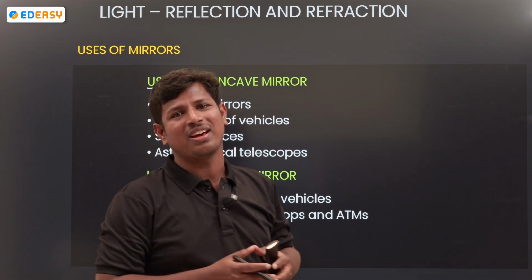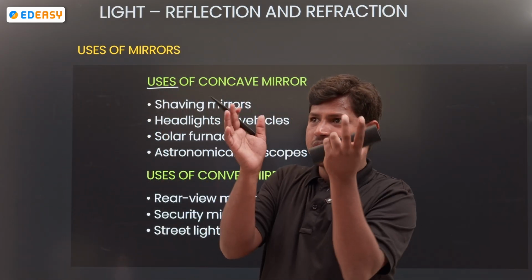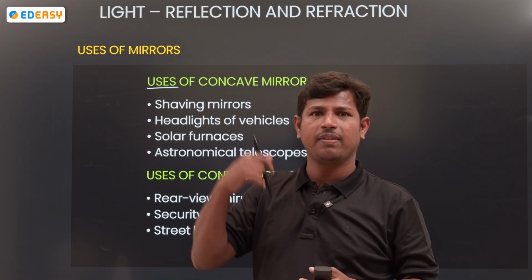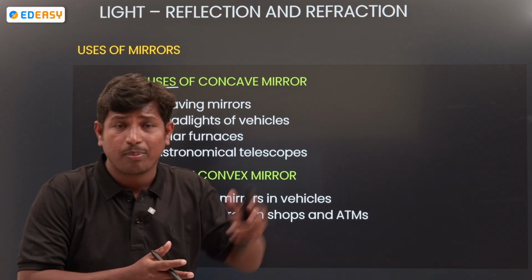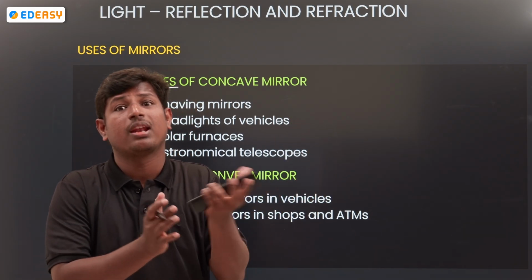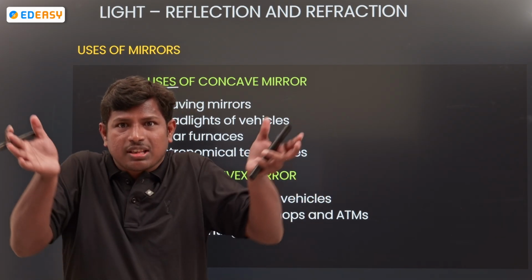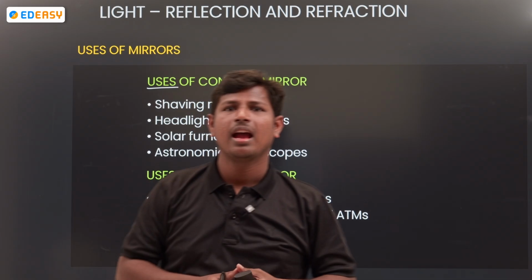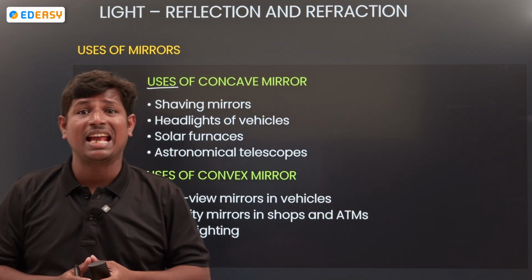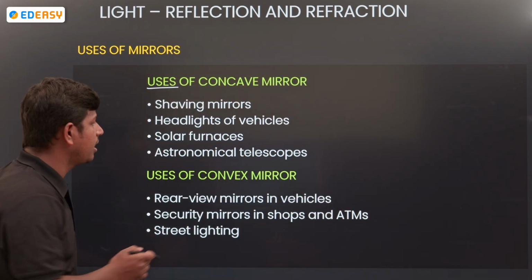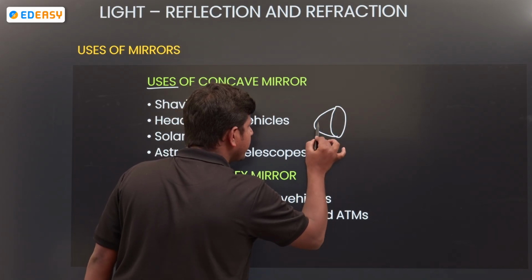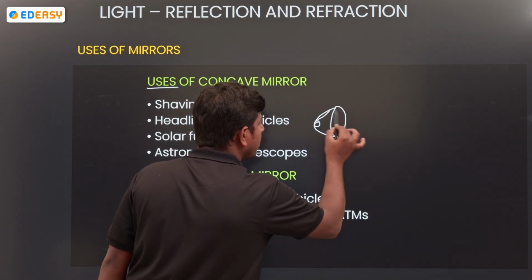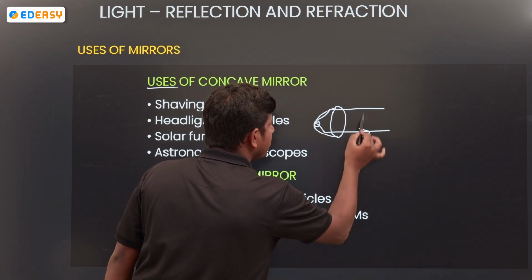Concave mirrors are used as shaving mirrors. If you want to shave a beard, what type of mirror, plain or concave? Concave mirror, because it enlarges the face. And where else? Headlights of vehicles. Which type of mirror?